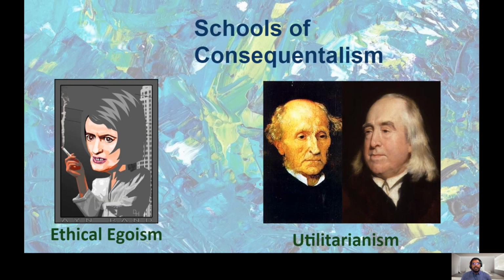On the right-hand side, you have the images of two eminent English philosophers of the 19th century, Sir Jeremy Bentham on the extreme right, and to the left of him is Sir John Stuart Mill, a student of Jeremy Bentham. They both are advocates of utilitarianism. Let us now focus on each of these schools for a while.